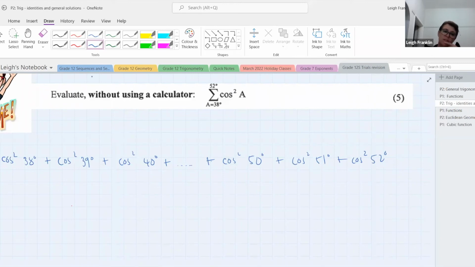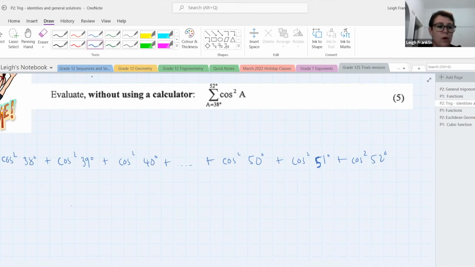So now that we've expanded all of this, we're looking at it and we're saying to ourselves, they want us to evaluate this without using a calculator. So there must be some kind of pattern. Something's got to be going on here that we can use, where we don't need a calculator.